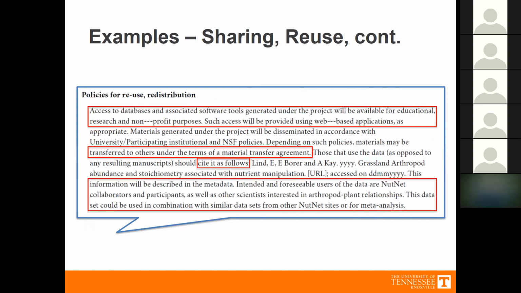And this last section is some information about who they intend to be other users of the data, and so what other types of research collaborators and other disciplines might be willing or interested in reusing this data in other research.